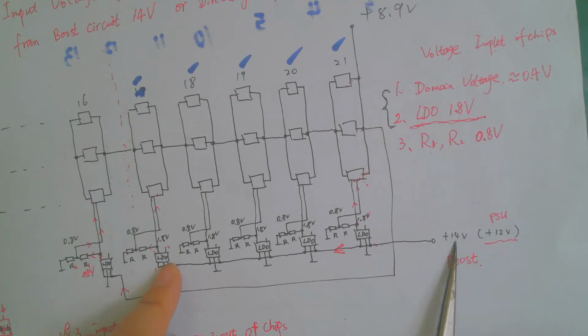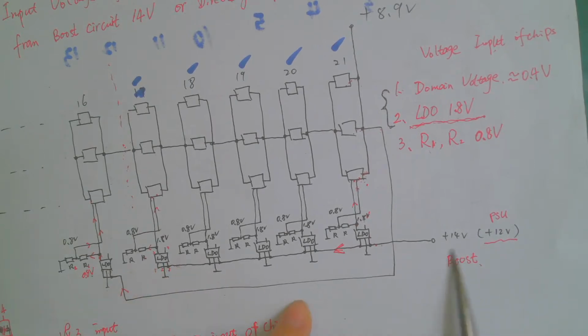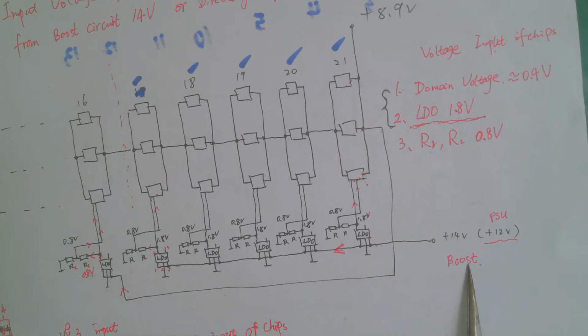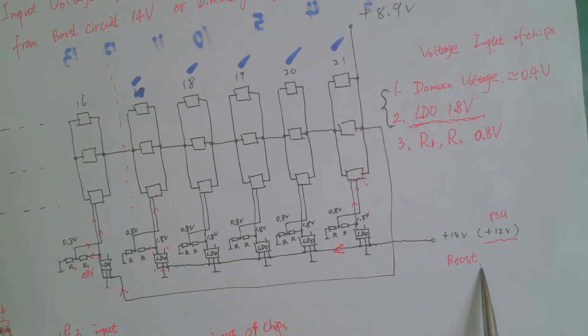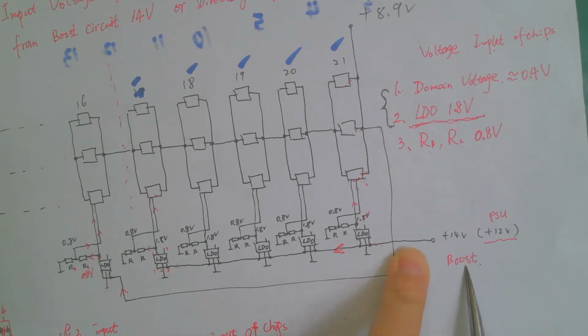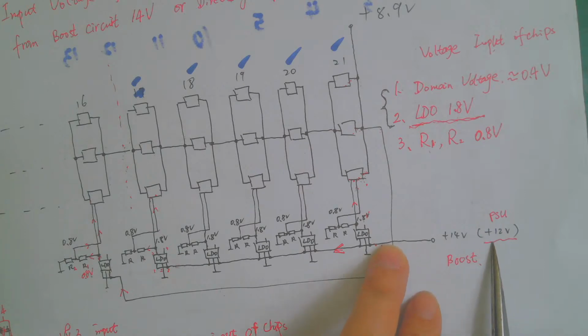For the last domains, the LDO's input voltages come from the PSU or the boost circuit. Because for the S9 hashboard, there are many versions, and some versions are without a boost circuit, so the input voltages come from the PSU directly.